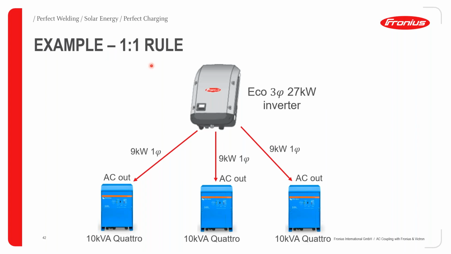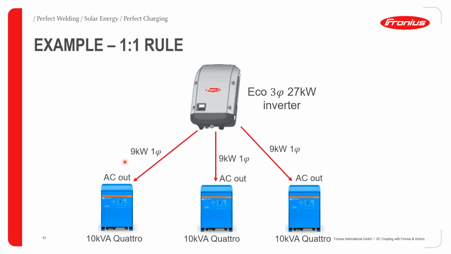This is very important for the one-to-one rule, because you now know that this inverter will give you a maximum of 9 kilowatt output per phase. In order to obey the one-to-one rule, the closest Victron unit that's bigger than 9 kilowatts is the Quattro 10 kVA. Remember, the rule states 1 kilowatt of Fronius to 1 kVA of Quattro or less.